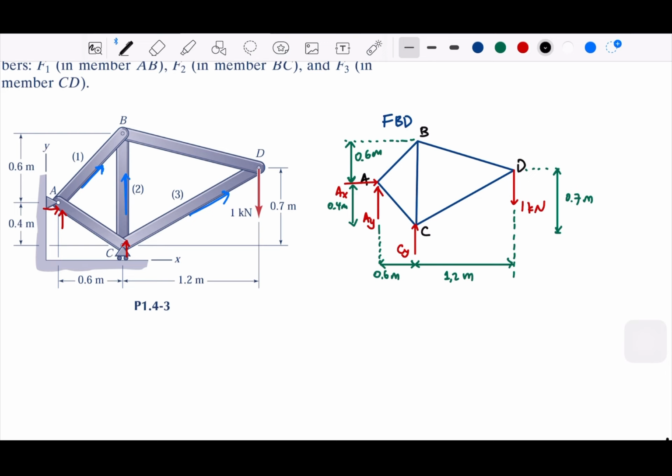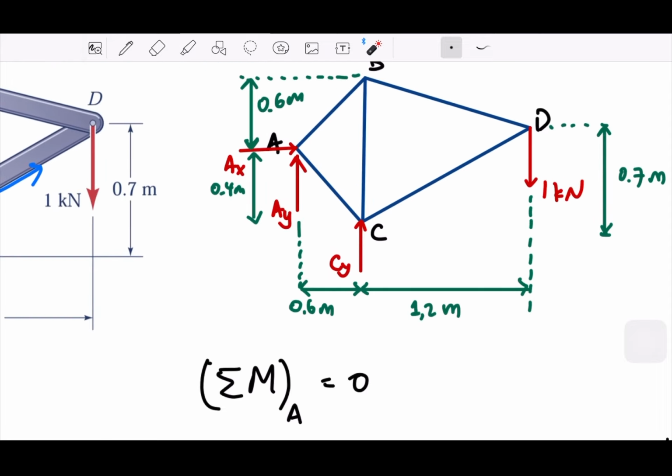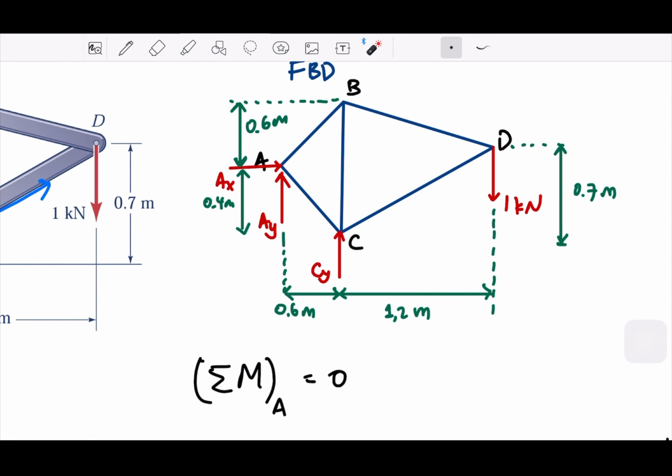Now we take the sum of moments. Let me start with A, equal to 0. We are going to look at this part here and this part, this will be our distance.